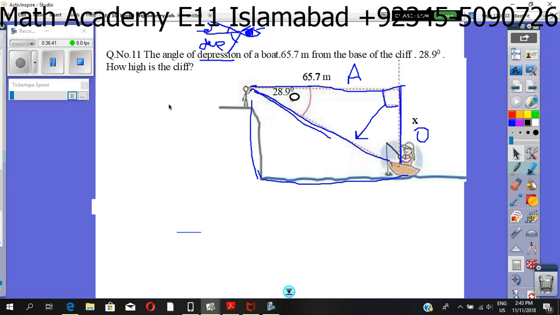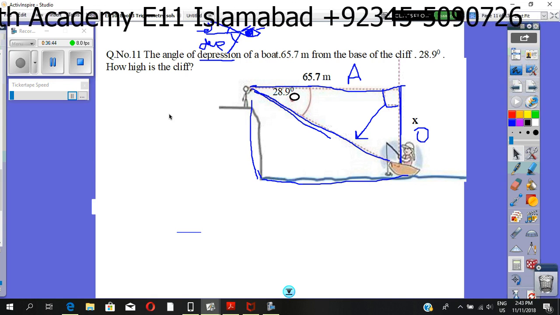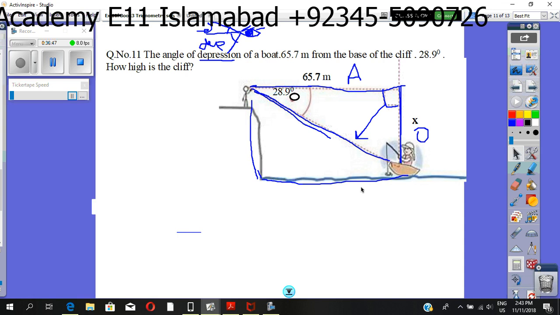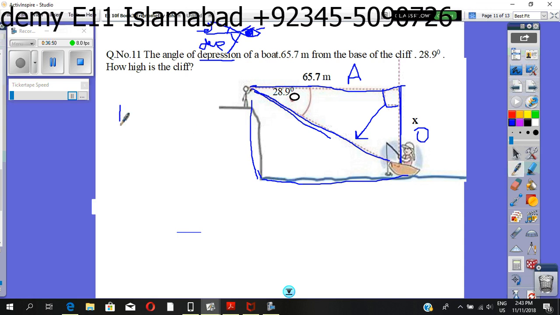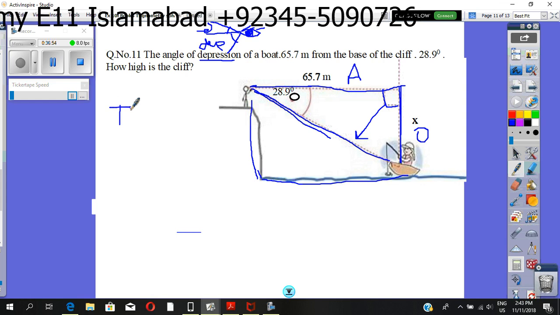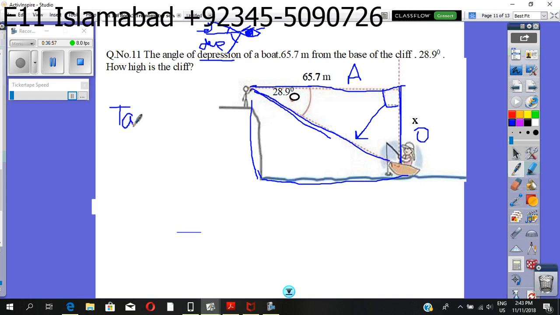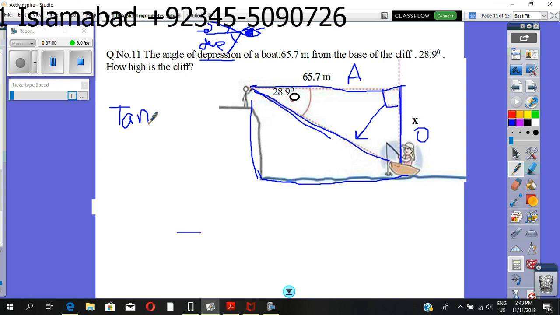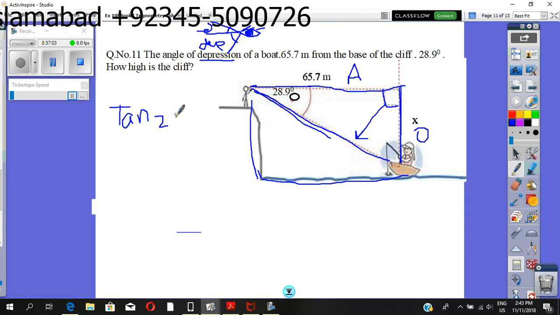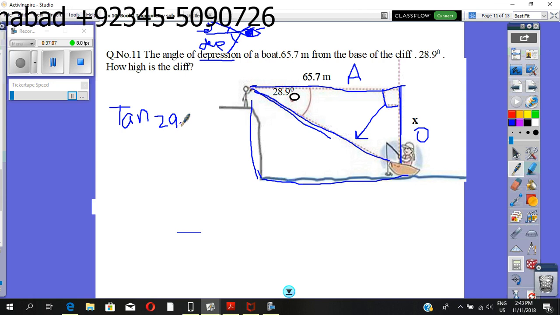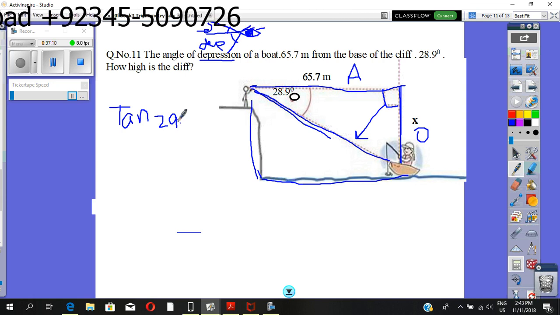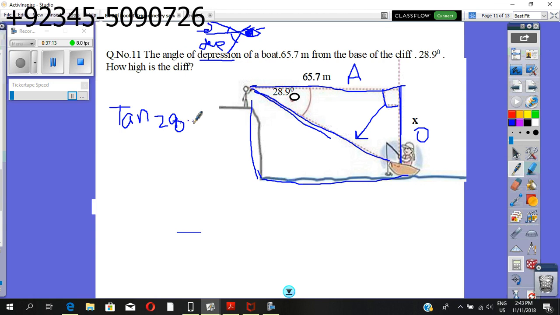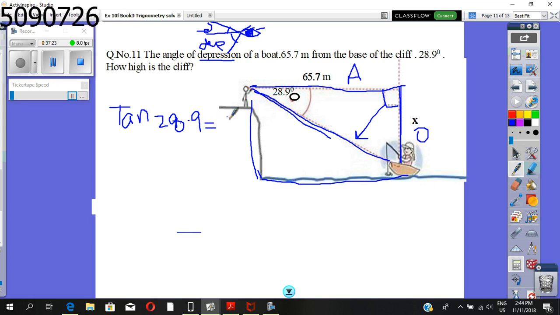Tell me quickly. Tan. Tan theta, sorry. Tan 28.9 equals, we use the given angle instead of the unknown, equals opposite, which is x, over 65.7.